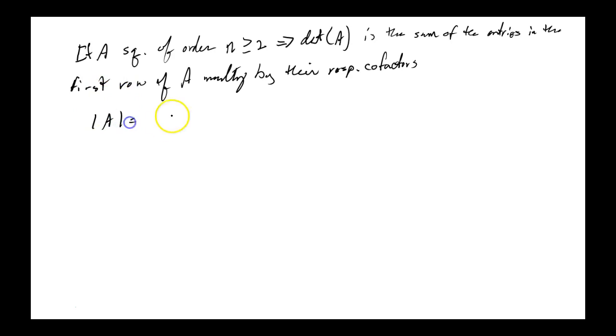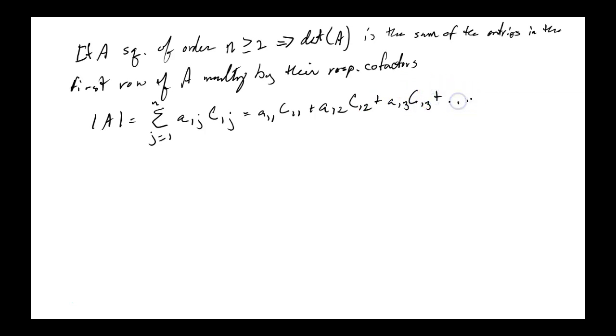The determinant of A is equal to the sum from j equals 1 to n, where n is the order of the matrix, of a_1j c_1j, which is a_11 c_11 plus a_12 c_12 plus a_13 c_13 plus dot, dot, dot, up to a_1n c_1n.